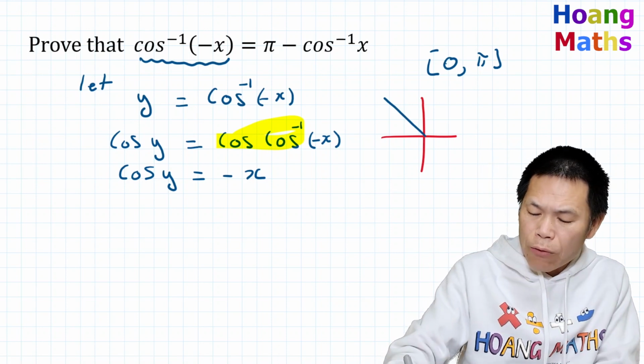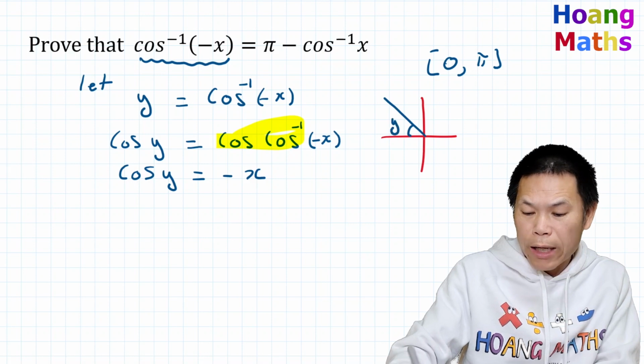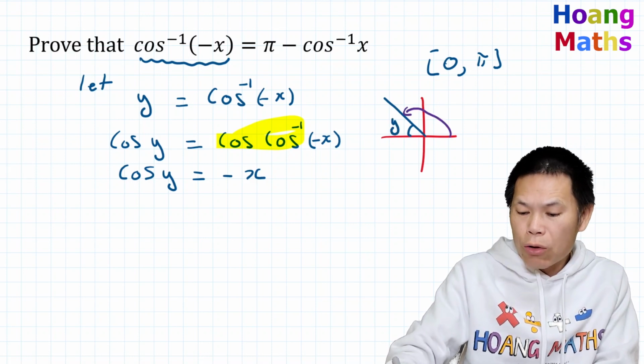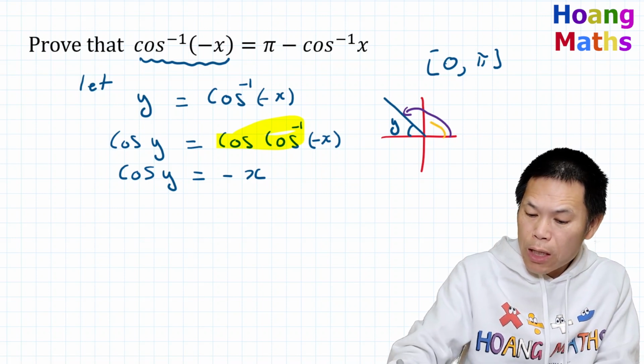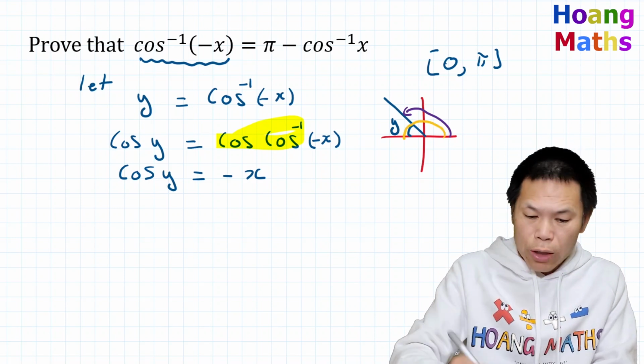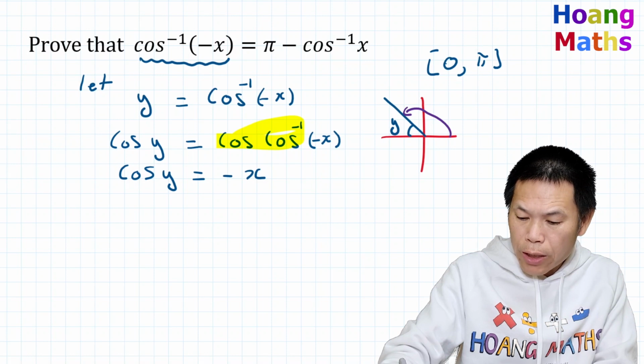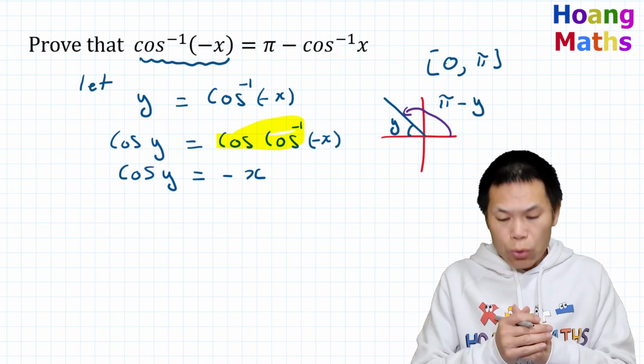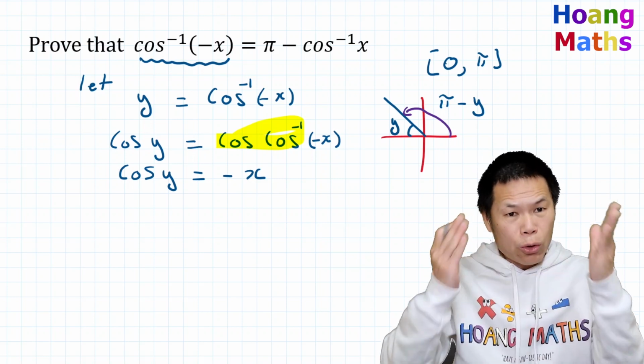So this means that the reference angle is y, and the angle we're after is this. We know that from here to here is pi, so this angle here is pi minus y. Now, cos of y is equal to negative x.